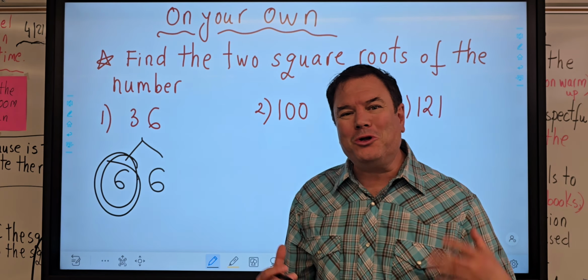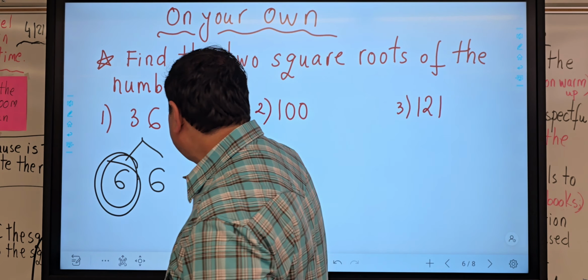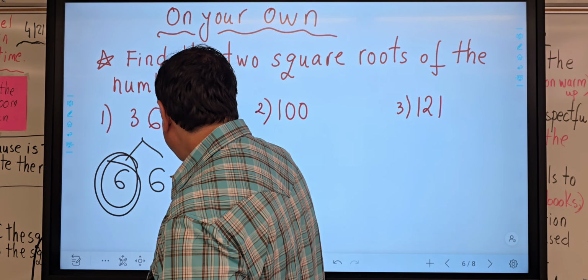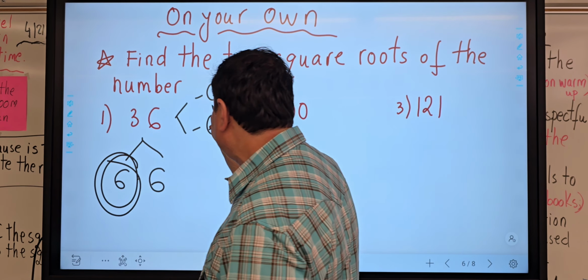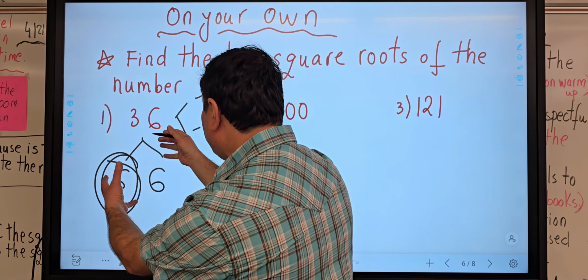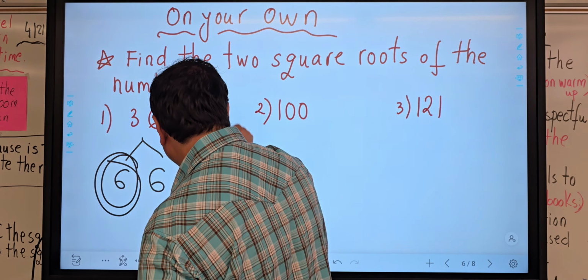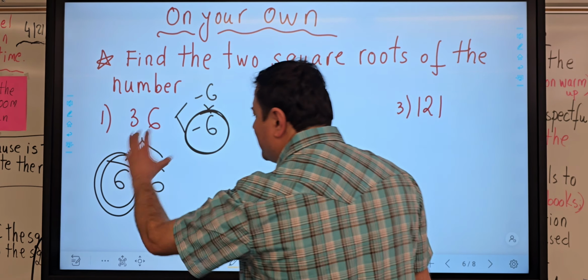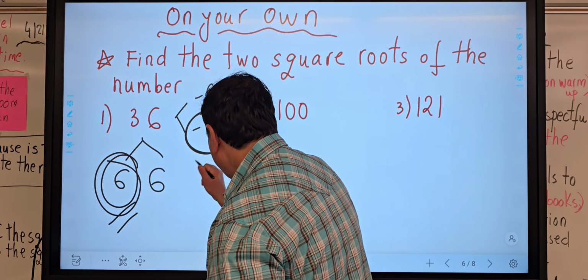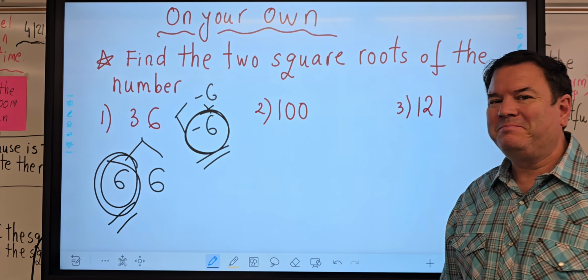But we also remember negative 6 times negative 6 is also 36. So another answer would be negative 6. So the answer for number 1 would be positive 6 and negative 6.